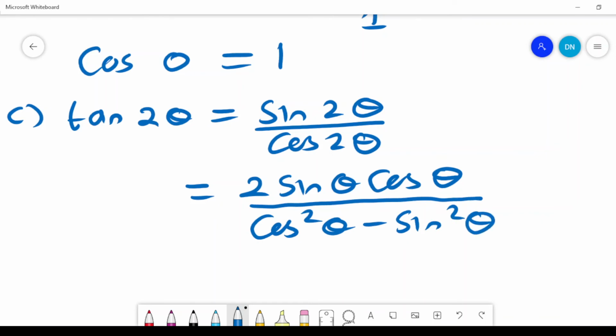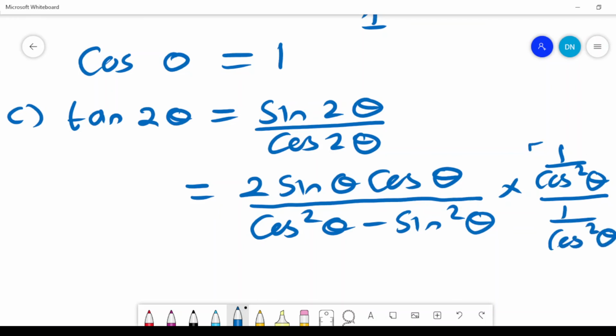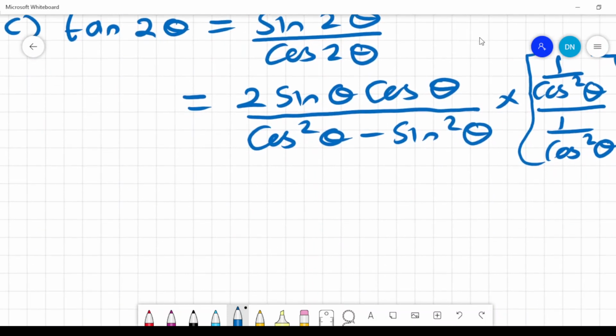So that's what we have. And what we want to do is multiply through with 1 over cos squared theta up there, and down here 1 over cos squared theta. So it's literally like multiplying with 1.